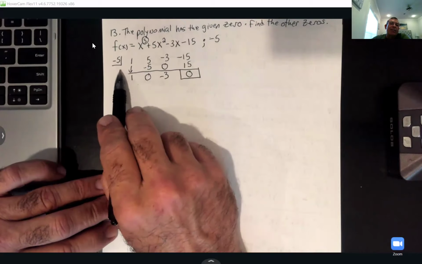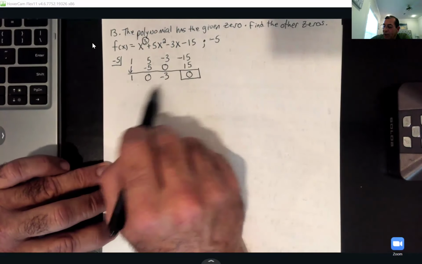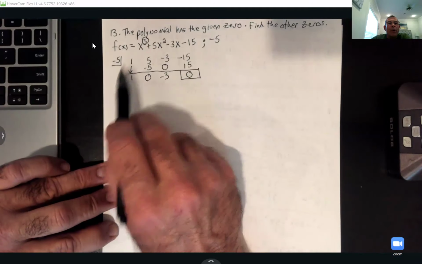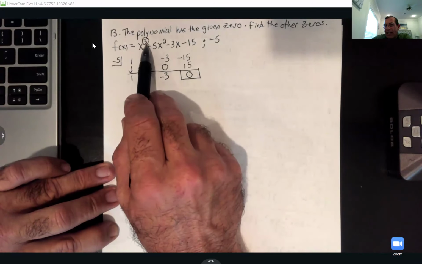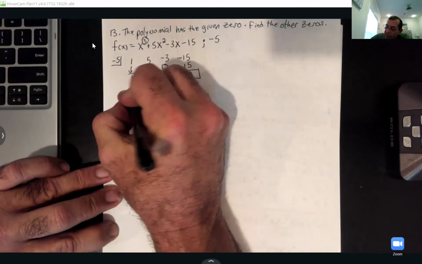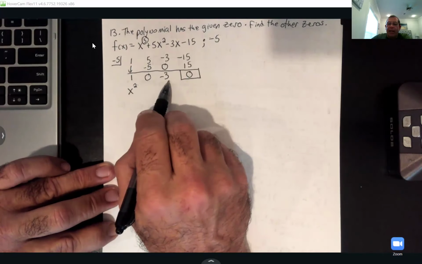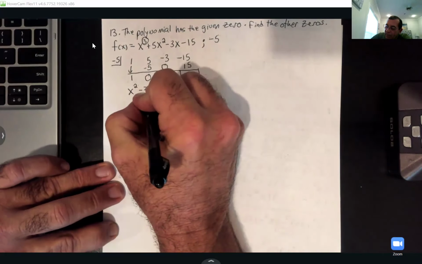Well, we knew that because they told us that was a 0. Now remember, these are the coefficients of the new polynomial, 1 degree less than the original. So that means that is 1x squared. There's 0 x's in the middle, and then we got our -3.